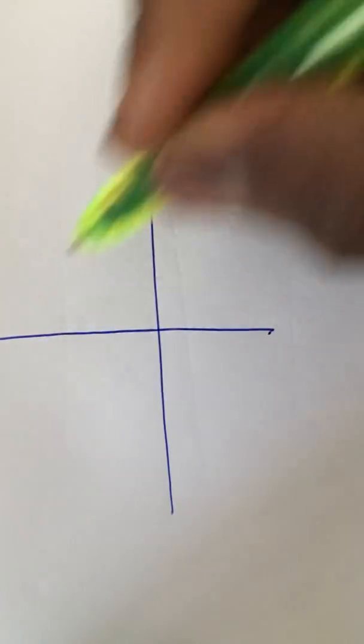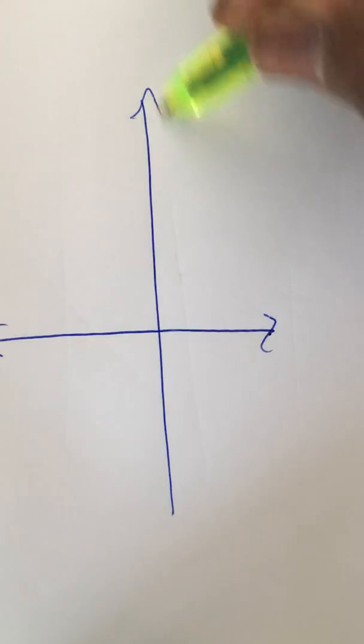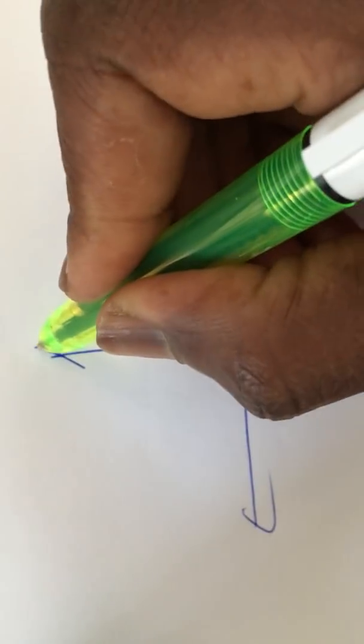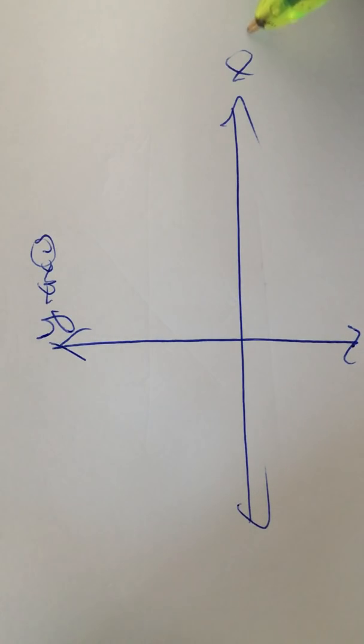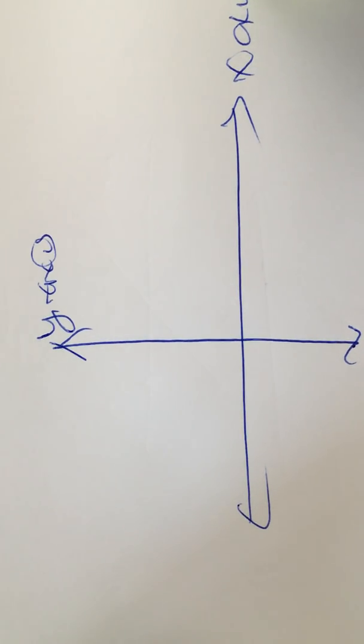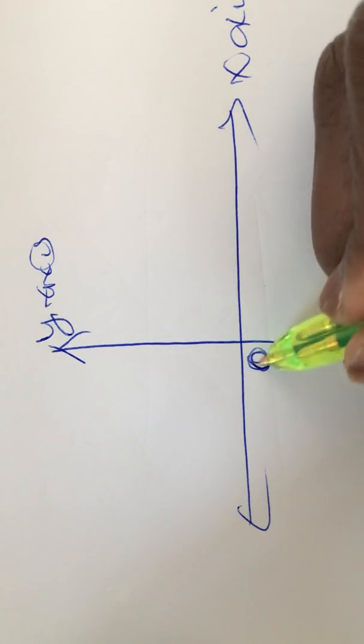Coordinate lines are almost like grid lines, but with coordinate lines you need some arbitrary point to start from. For example, let's say this is the y-axis and this is the x-axis, and you have that arbitrary point 0.